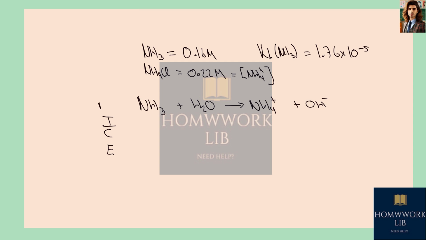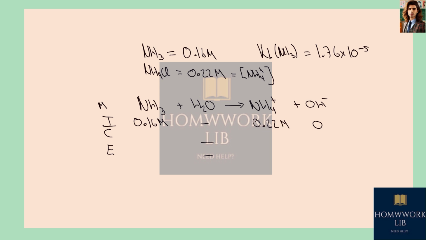In this case, this would be in molarity directly because we know the molar concentrations of each of the species. Of NH3, we have 0.16. NH4Cl, we have 0.22. Water does not enter equilibrium, and initially of OH minus, let's say that we have 0.